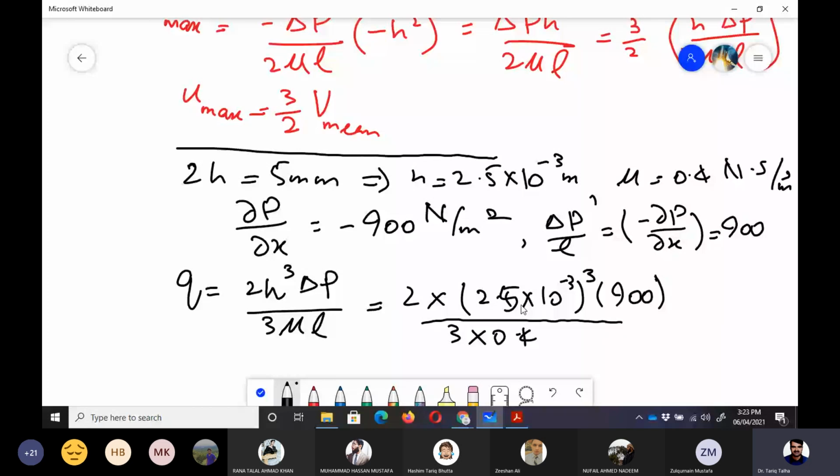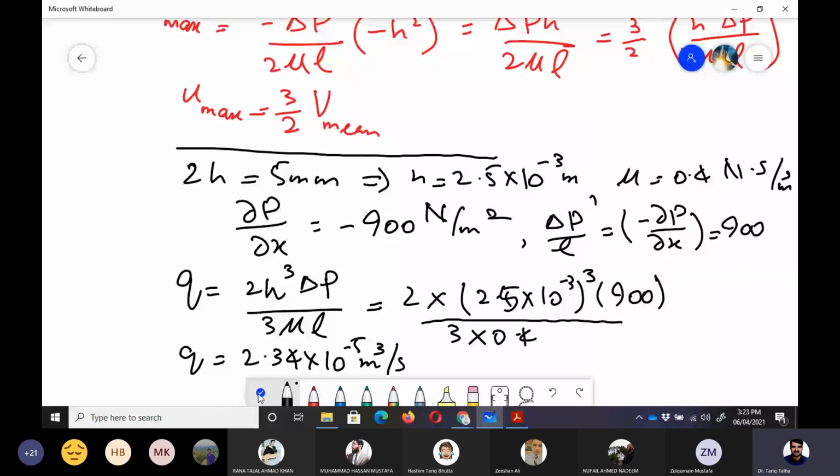If we do that, we get the value of Q equal to 2.34 into 10 to the power minus 5 meter cube per second. Because it is a volumetric phenomenon, I have written per meter cube. But if it is per unit width, we can equally write it as meter square per second.